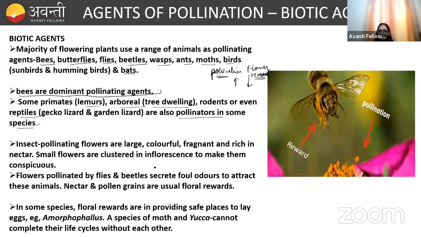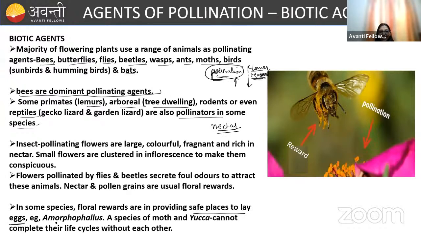The insect is helping the flower by pollination, and the insect in return is getting the floral reward. A flower reward could be nectar, and it is a safe place to lay the egg.